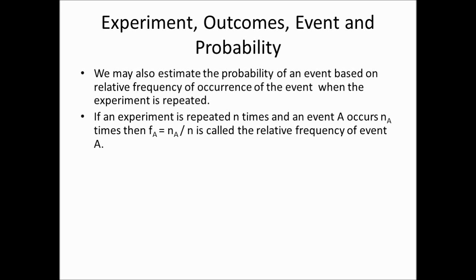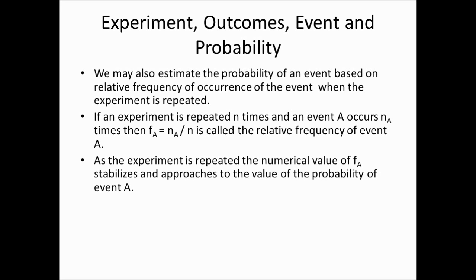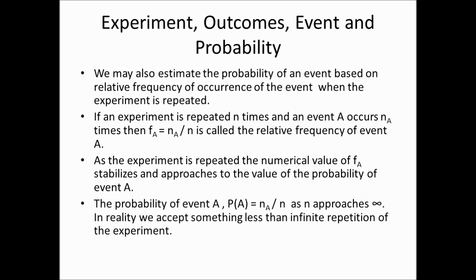So if an experiment is repeated n times and the event A occurs n sub A times, then f sub A, given by n sub A over n, is called the relative frequency of event A. As the experiment is repeated, the numerical value of f sub A stabilizes and approaches the value of the probability of event A. So the probability of event A is defined as the limit of n sub A over n as n approaches infinity.